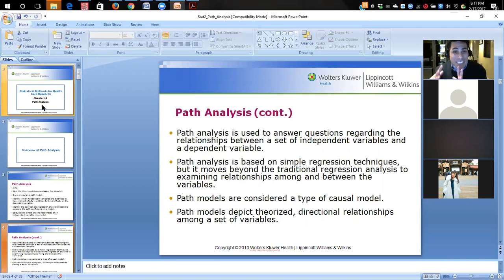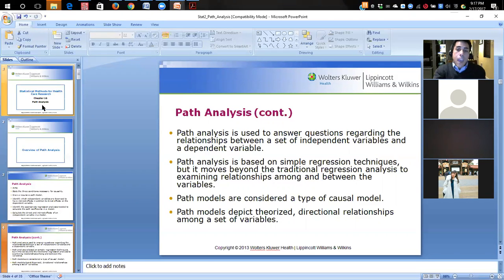But here in path analysis, aside from doing slopes and intercepts, it also looks at indirect effects. So that's what makes path analysis very different from the traditional regression analysis.